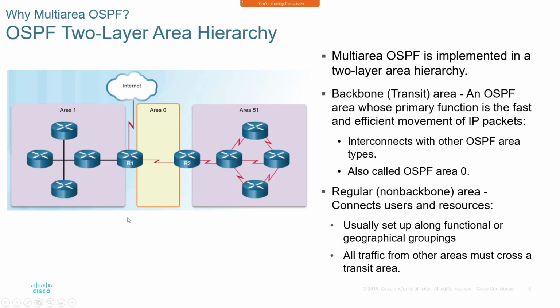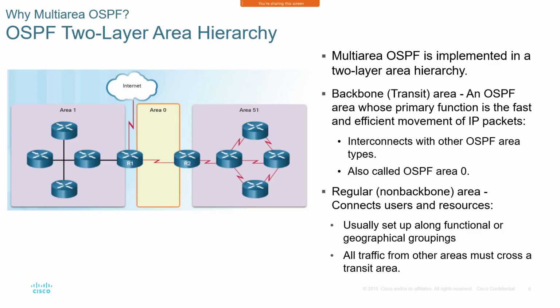If it was connected to another routing autonomous system running EIGRP, RIP, or something else, that would also be considered an autonomous system border router. Remember that everything we have in OSPF, even though we have different areas, is all in the same autonomous system.